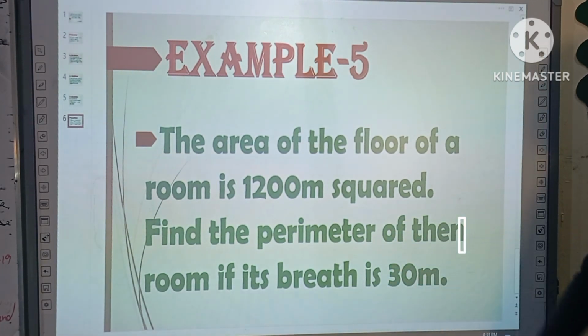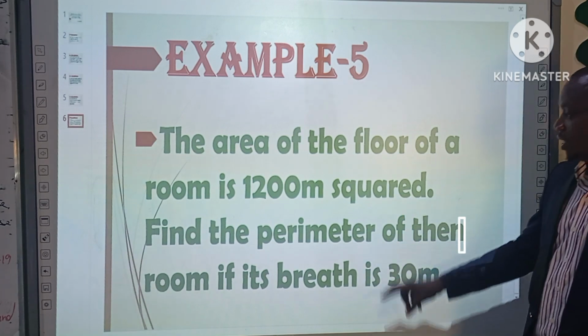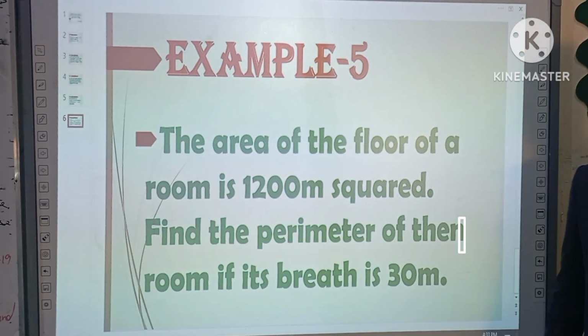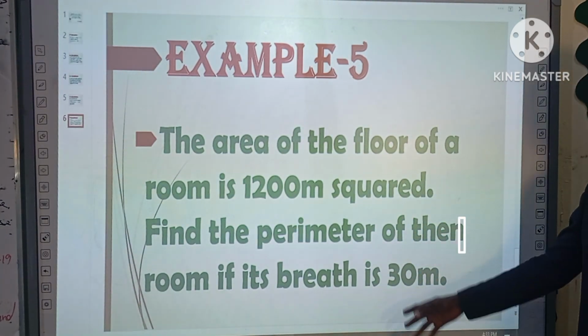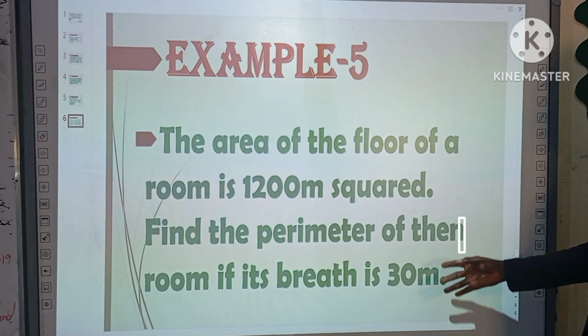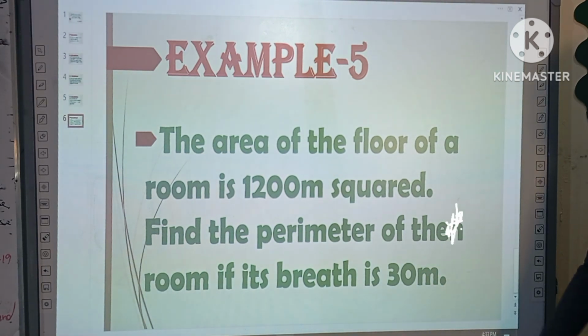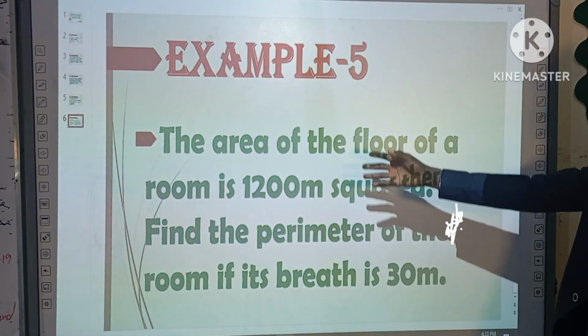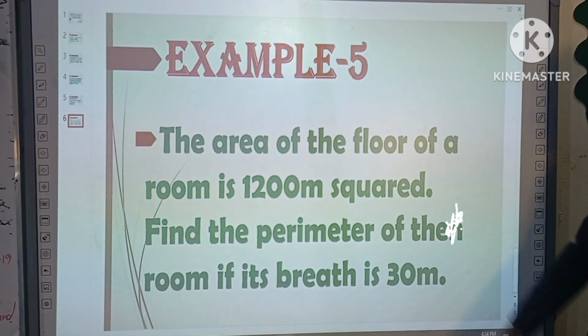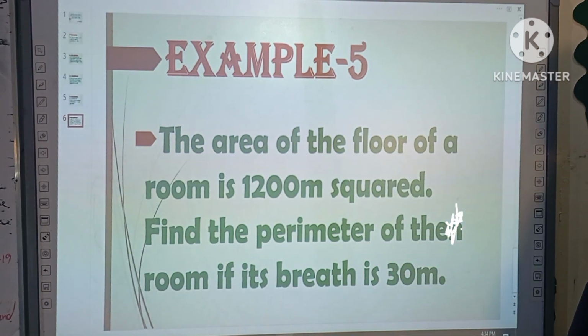So the first thing we must do is to determine the length, because the breadth was given. So we are going to look for the length. After looking for the length, we can then look for the what? The perimeter of the what? Shape. So from the question, we discover that our area is 1,200 meters squared and the breadth is 30 meters.